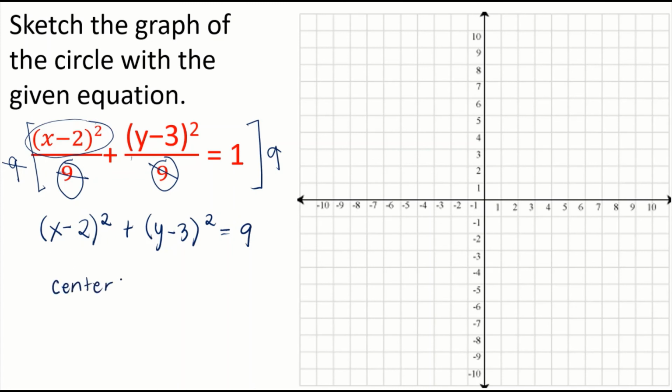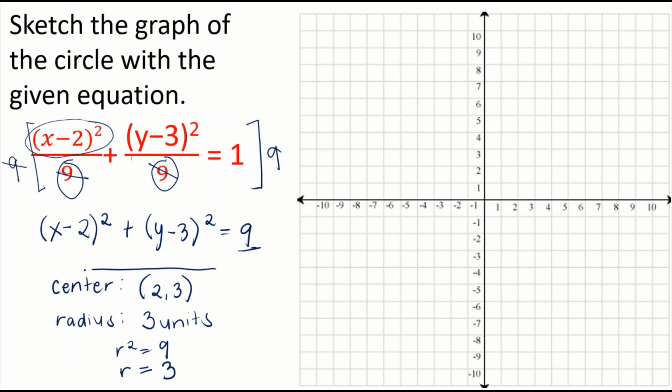Okay, and our center here is 2 and positive 3. And our radius, again, to get the radius, we are going to equate 9 to r squared. So we have r squared is equal to 9. Then r is equal to square root of 9, that is 3. So therefore, the radius is 3 units.